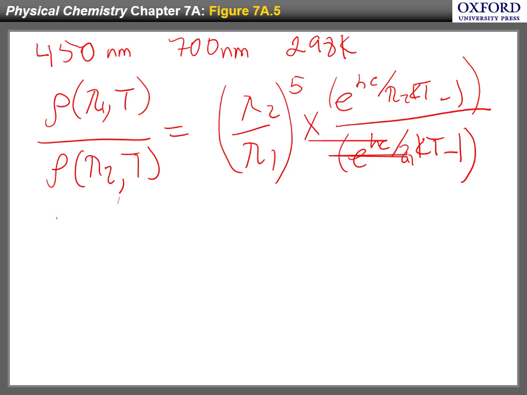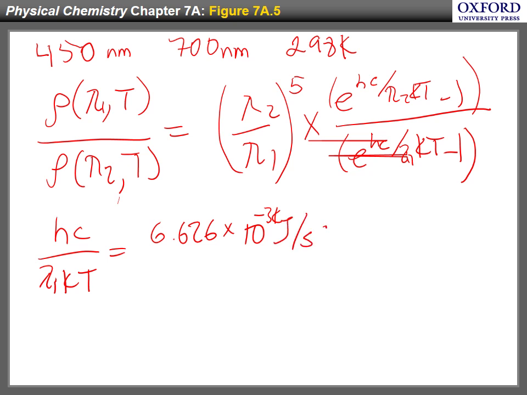So we have hc divided by lambda 1 kT, which is, of course, as we noted, 6.626 times 10 to the minus 34 joules per second times the speed of light, c, which is 2.99 times 10 to the 8 meters per second, sorry.